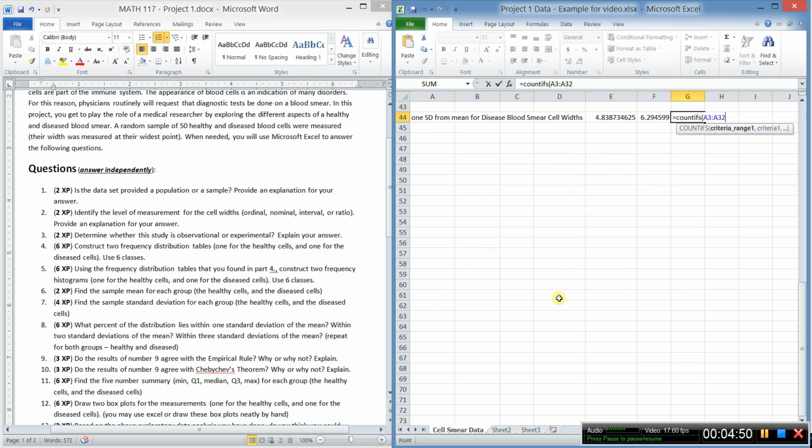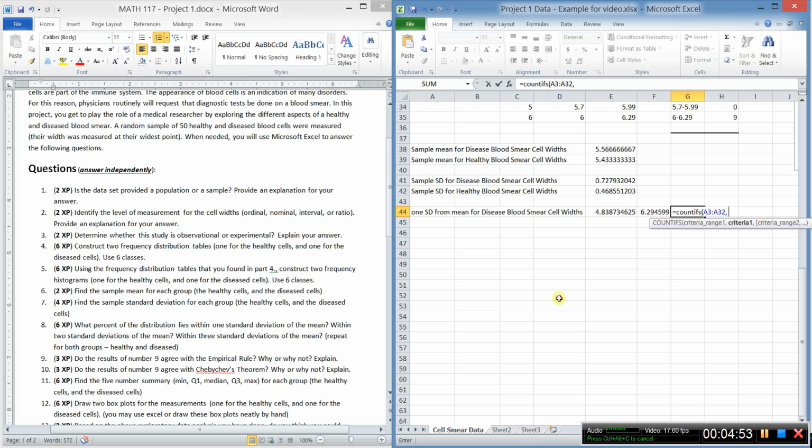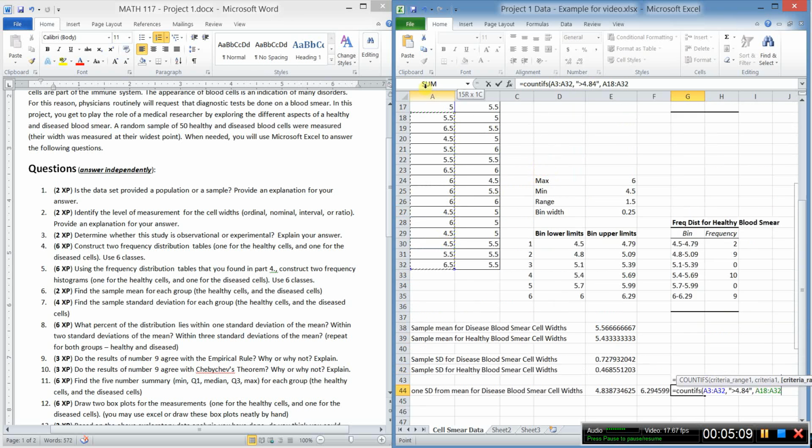The first criteria is that we want it to be more than, using the greater than sign, 4.84. I'm rounding up. Then for the second criteria, I have to highlight the data again to let it know it's the same data.